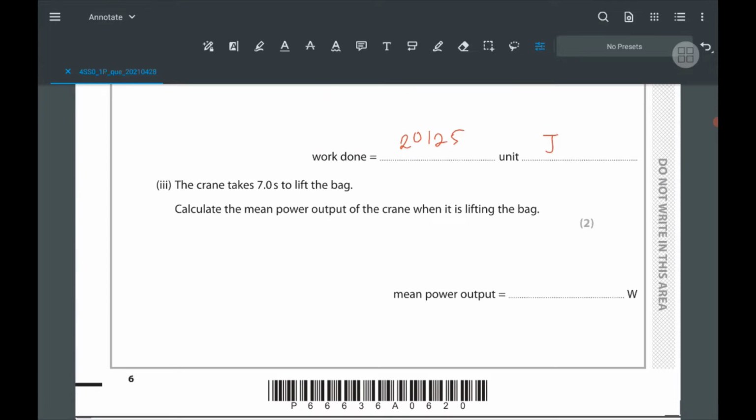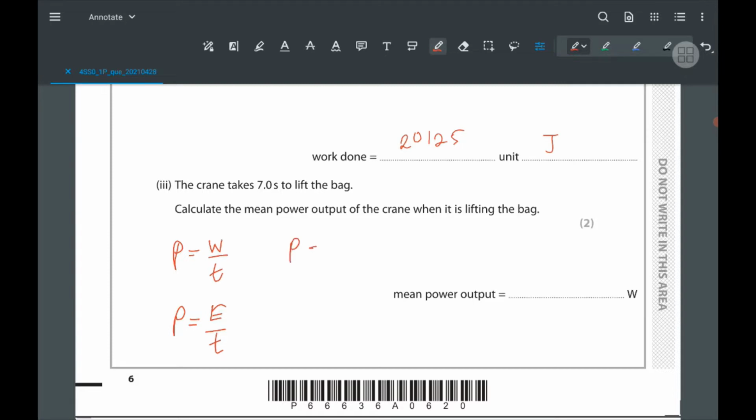The crane takes 7 seconds to lift the bag. Calculate the mean power output of the crane when it is lifting the bag. Now we know the equation. Power equals work done over time. Or we can say the other equation, power equals energy transferred over time. Both of these are correct. But here, since we know the answer for work done, we will use the first equation.